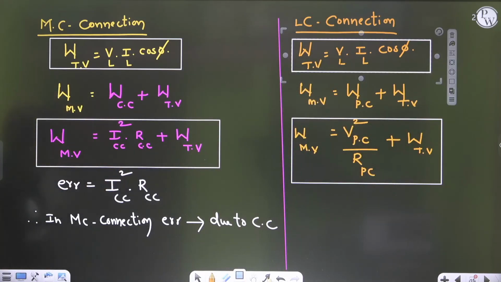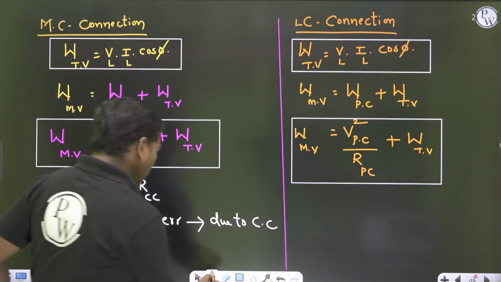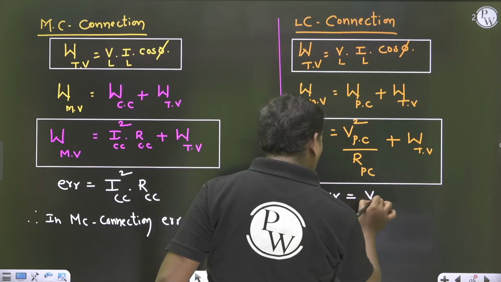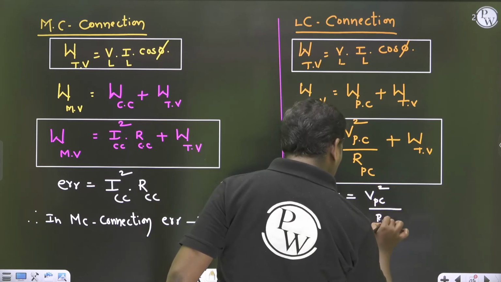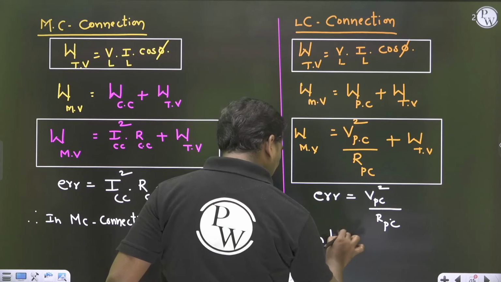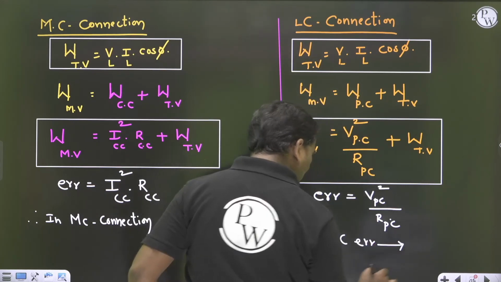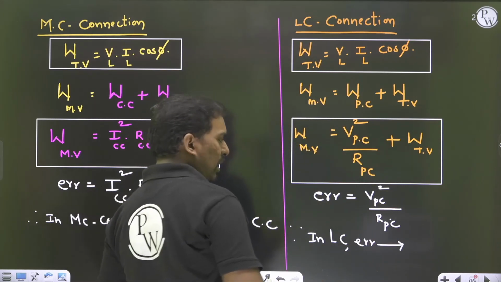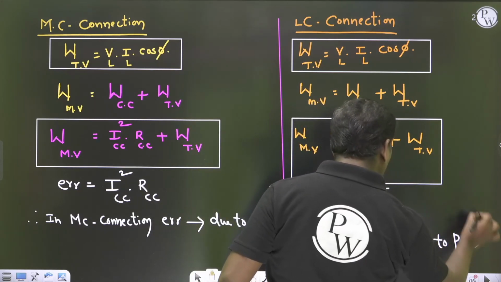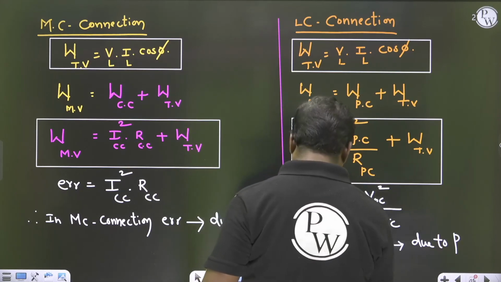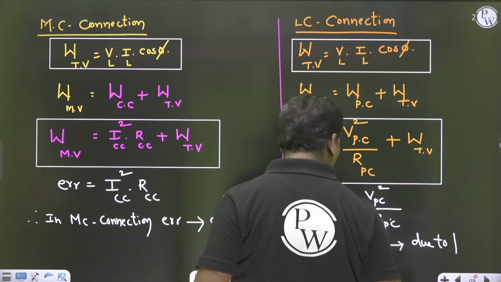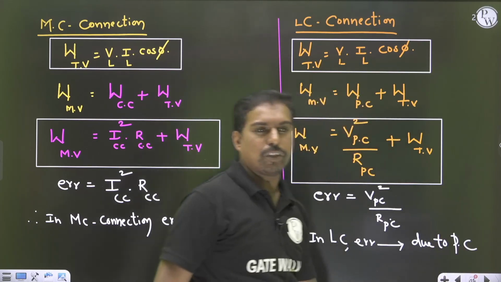So here the error is due to the potential coil. Therefore I can write that in LC connection the error is due to the potential coil. Have you observed, is it due to the potential coil or the moving coil? Try to understand based upon the connection you have.